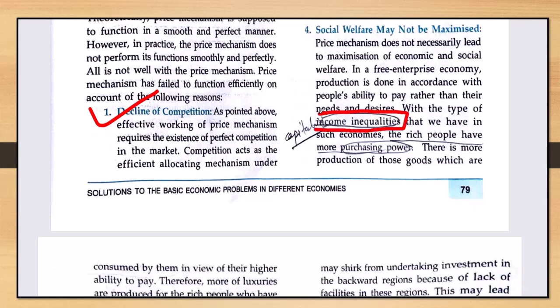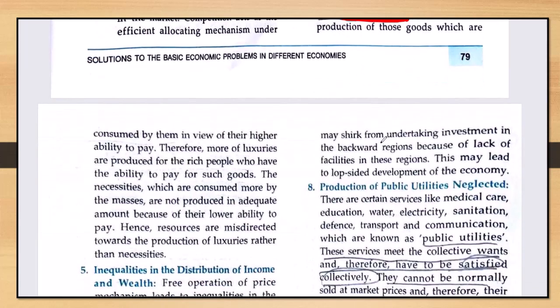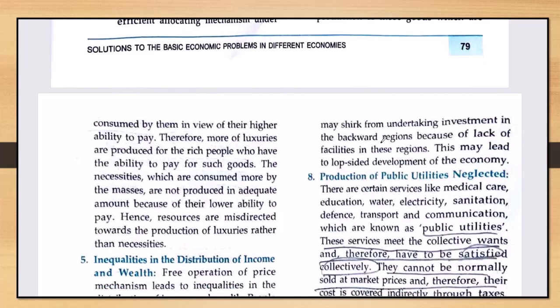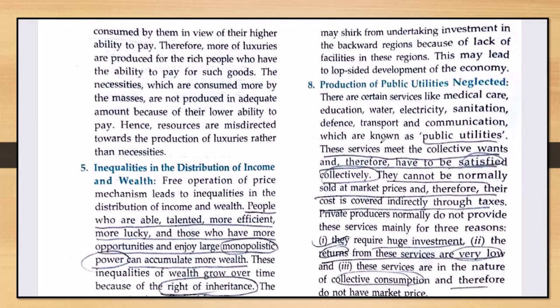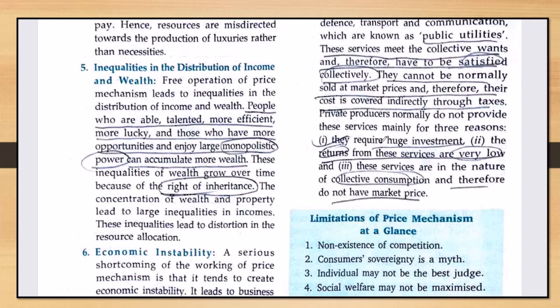People tending to get higher wages and people tending to get higher profits ultimately creates income inequalities in the economy, giving more purchasing power in the hands of the richer people, and the demand for the goods which they can afford increases, and thus the price mechanism again becomes unstable. It is not flowing in a smoother way, and resources are getting misallocated, mostly for the production of the goods and services which the richer people demand.